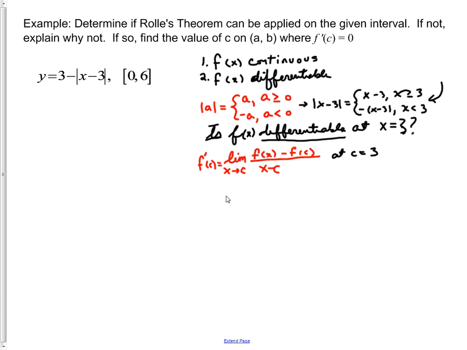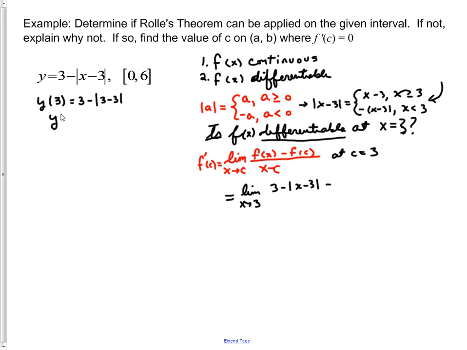So we explore it. Let's take that limit as x approaches 3 of f of x. Well, f of x here is the quantity 3 minus the absolute value of x minus 3, minus f of c. Well, what's f of c? Let's see, y at c equals 3. y of 3 is equal to 3 minus the absolute value of 3 minus 3. We're just replacing x with 3.